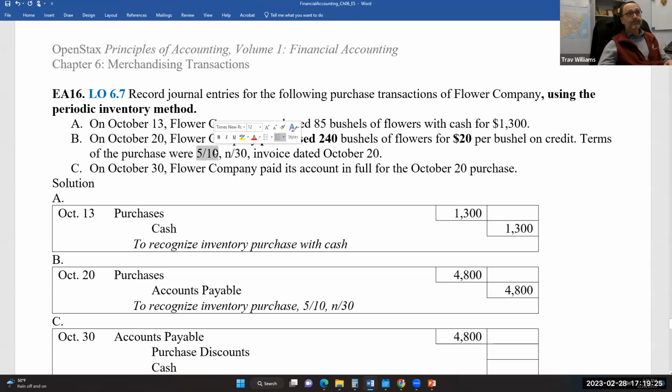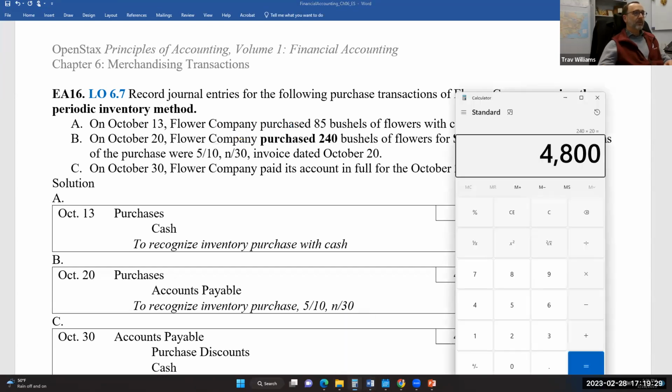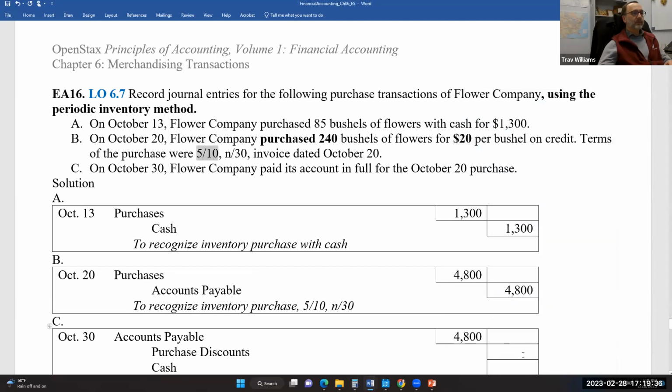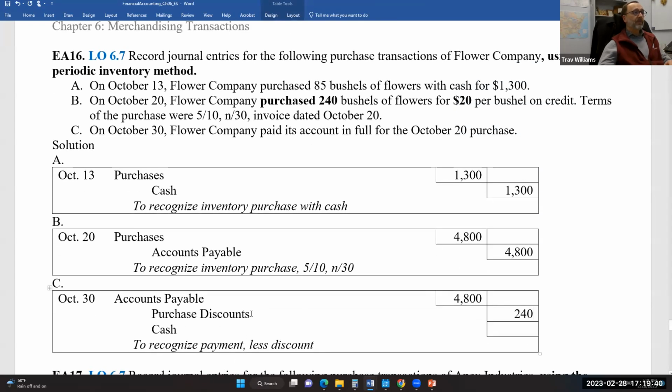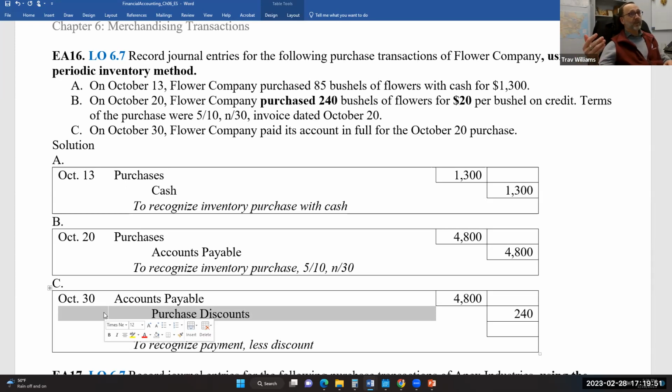We paid on the 10th day, and we got a 5% discount. So 4,800 times 5%, we get a $240 discount. Now, in the periodic method, that is a credit to purchase discounts. Under the perpetual method, it would have been a credit to merchandise inventory, right? But here it's a credit to purchase discounts.